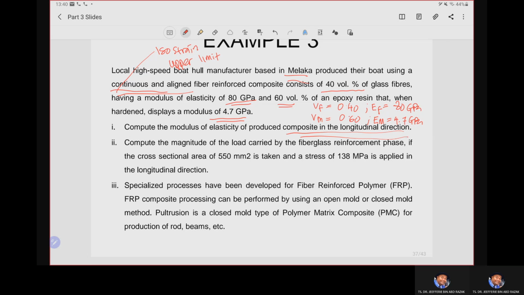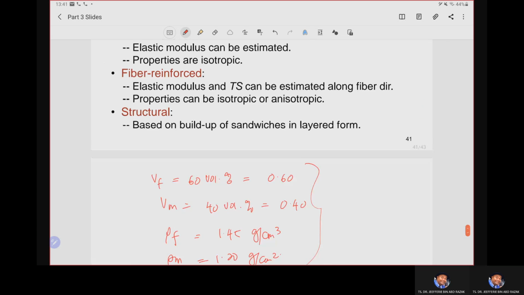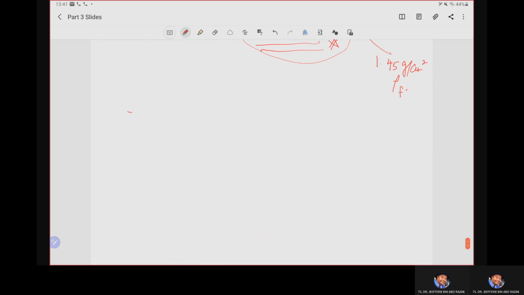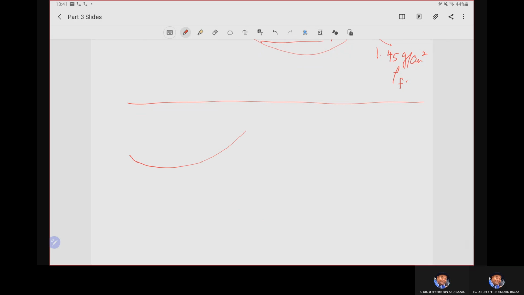If you deal with this question simply, you extract all the data here. To produce the body of the boat from the fiber, this is question 3A.